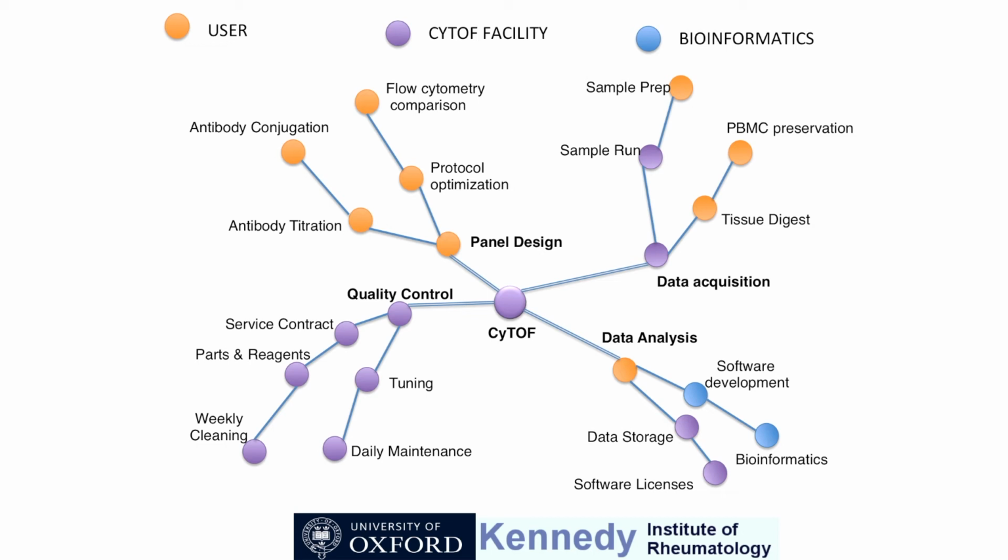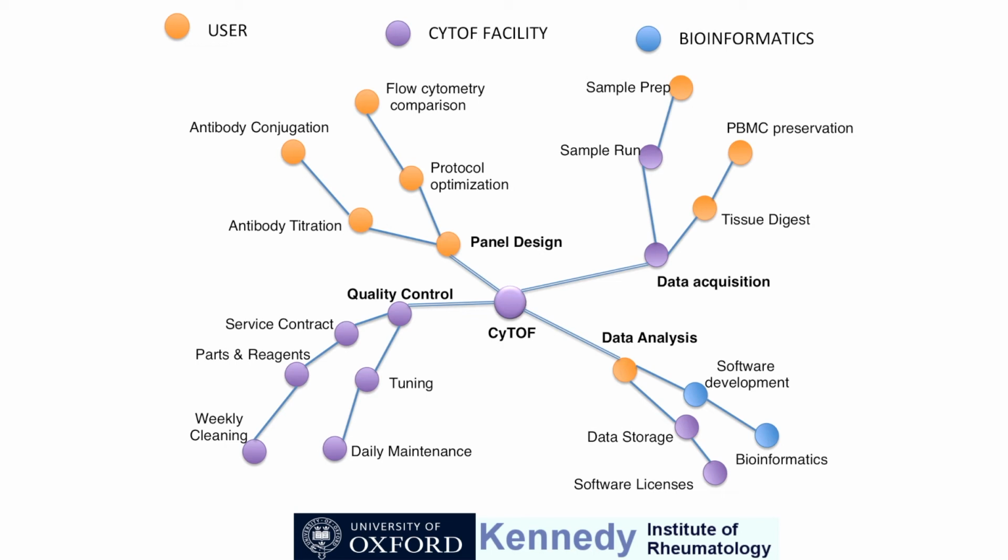Another important aspect, specifically in the setting of clinical trials and multi-center applications, is that there are very specific sample preparation steps, some of which we will discuss later when we go in the lab.